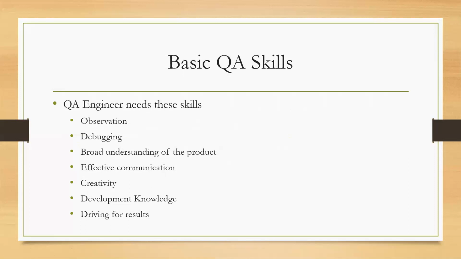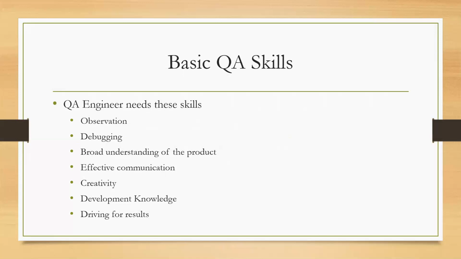And as a QA engineer, you need to have good debugging skills. If you observe any issue in the product, you should have the skills to check logs and identify the root cause of the issue. At least you have to maintain some knowledge of how that issue can happen, so that you can share those details with the development team.